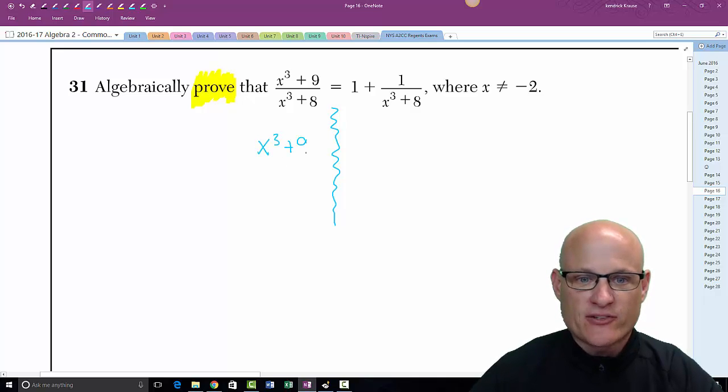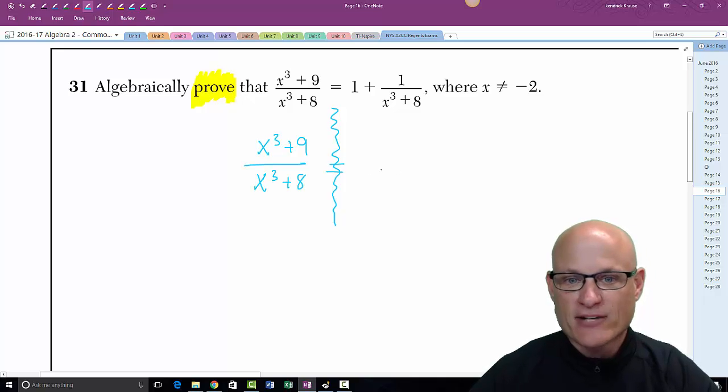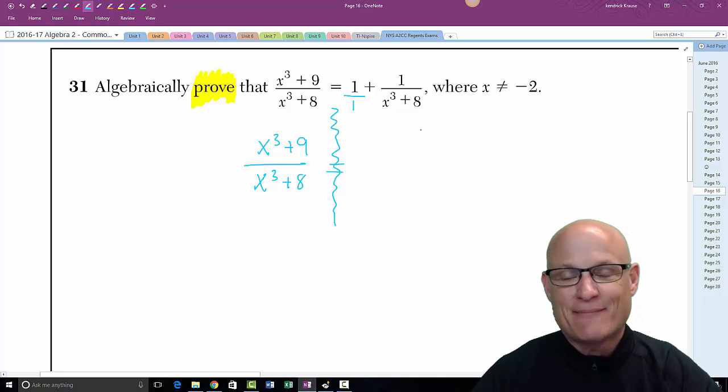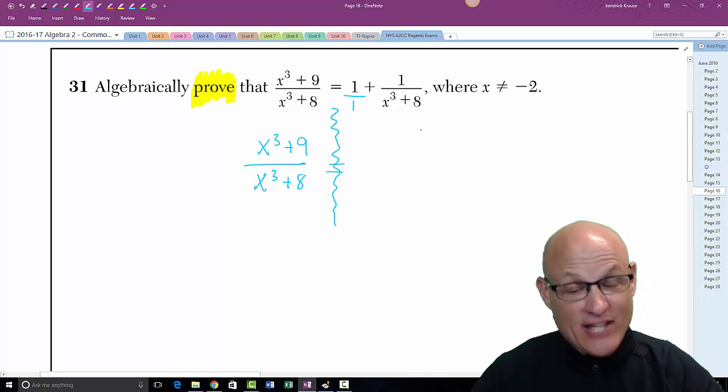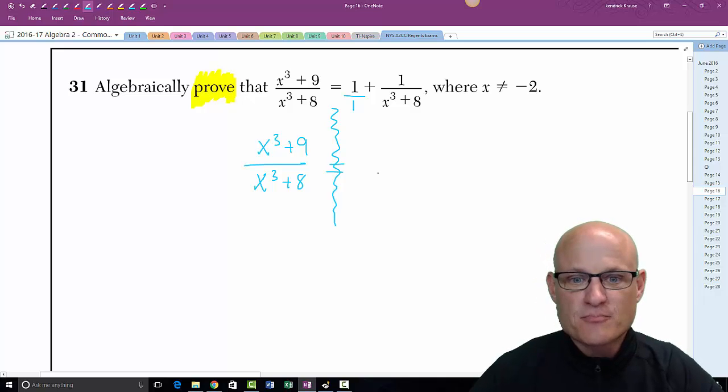So I'm going to leave this side alone, and I'm going to see if I can get this side over here to match it. Well, the only way to add fractions is to have a common denominator. Now, if this is over 1, their common denominator is x cubed plus 8. So I'm going to rewrite 1, and this is kind of an SAT prep as well, as I can rewrite 1 as anything I want.